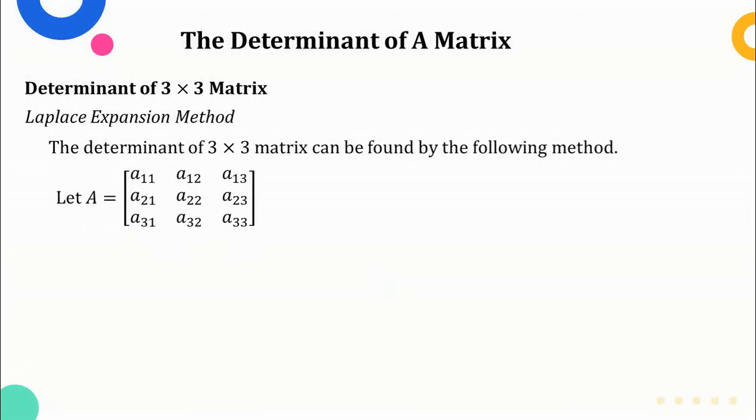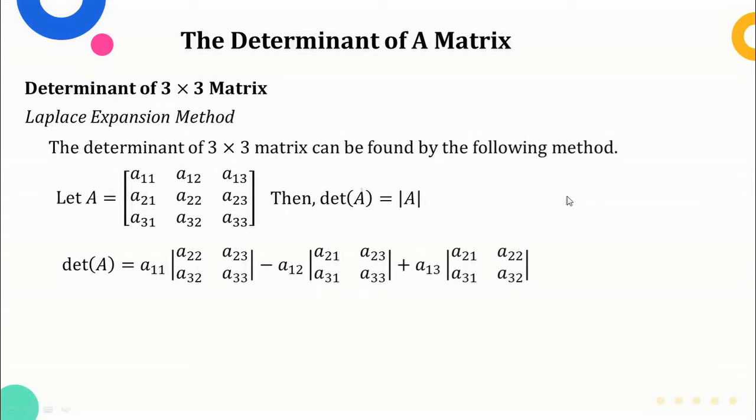Like I said before, we have the 3 by 3 determinant, with the symbol det A or |A|. When you want to find the determinant, take A11 and multiply it by the determinant of A22, A23, A32, A33.